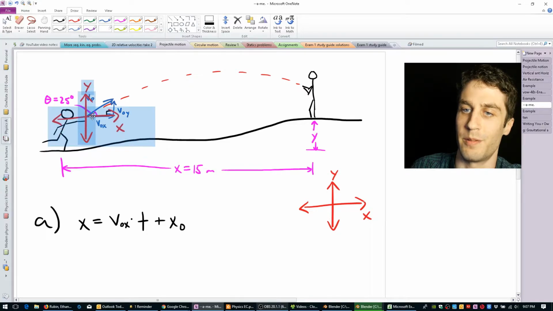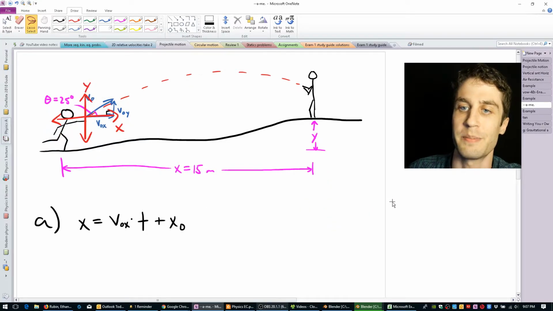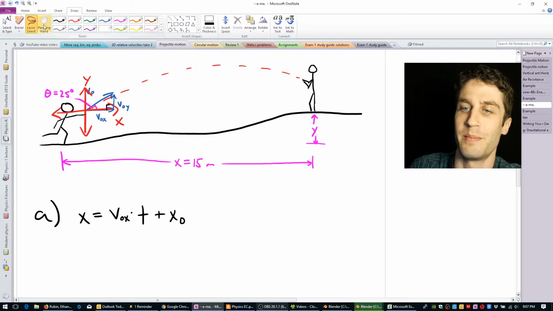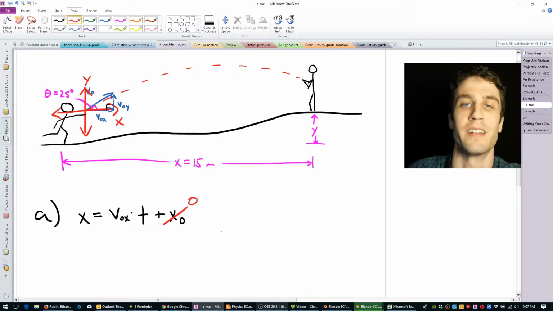In fact, it'll be right where the ball starts, just to be explicit about it. Okay, so x is equal to v0x times t plus x naught. Where x naught is where the ball begins its motion, so x naught is 0. Okay, x is 15 meters, and t was 2 seconds.